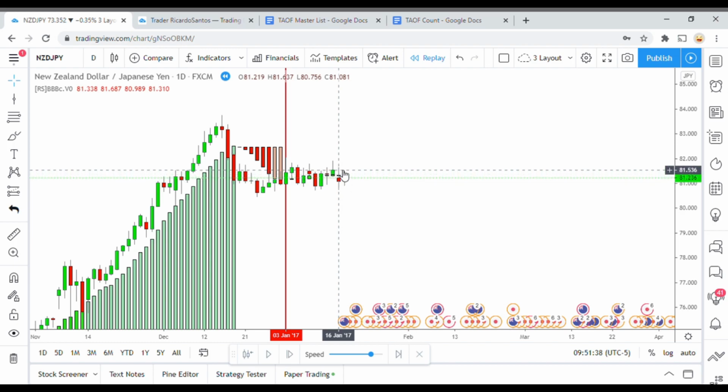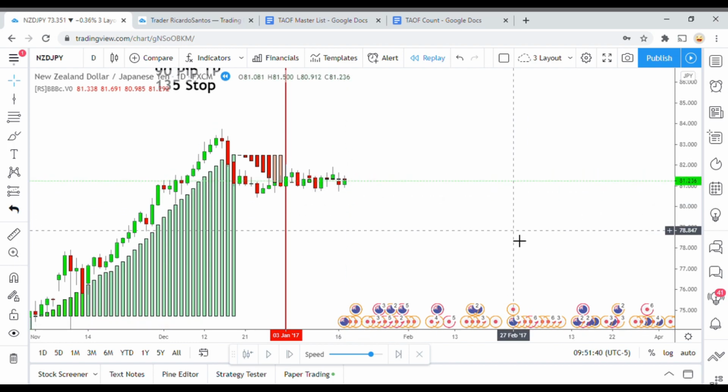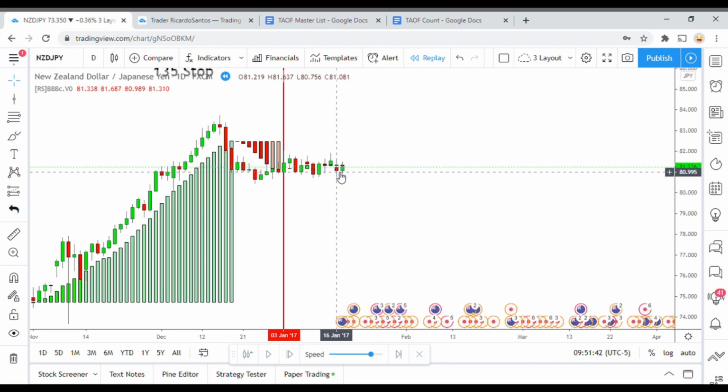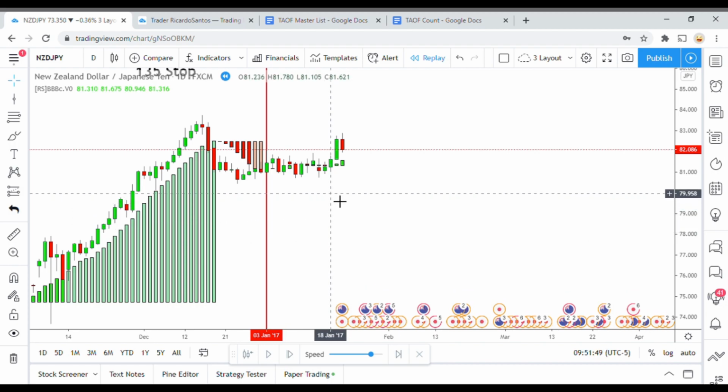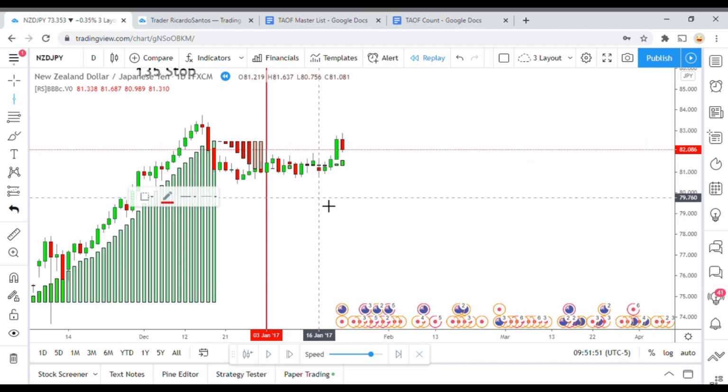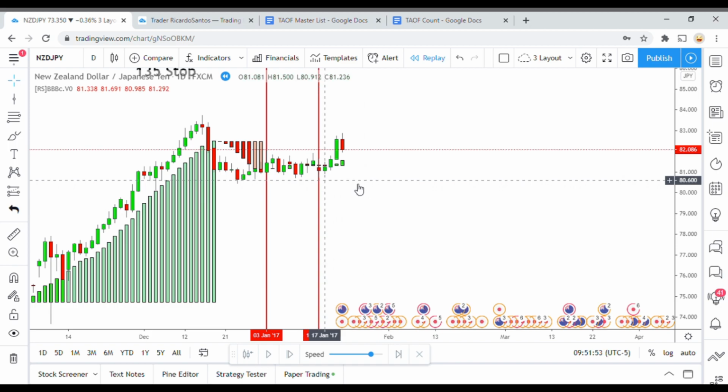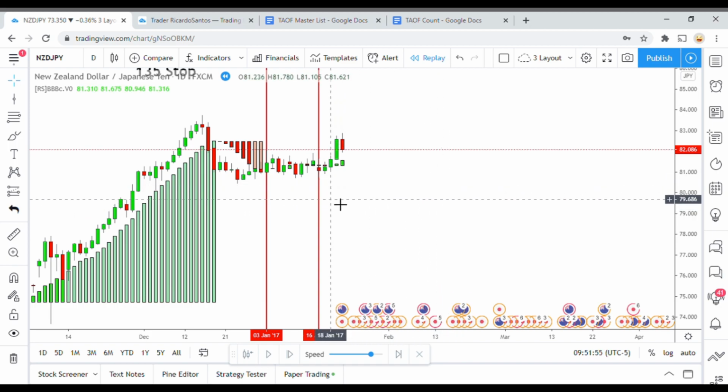Now it flips, like I said, to above price action there on that one. And unfortunately, that one would have been a losing trade as well. Then it's kind of hard to see, but it's under price action on this big green bar right here.